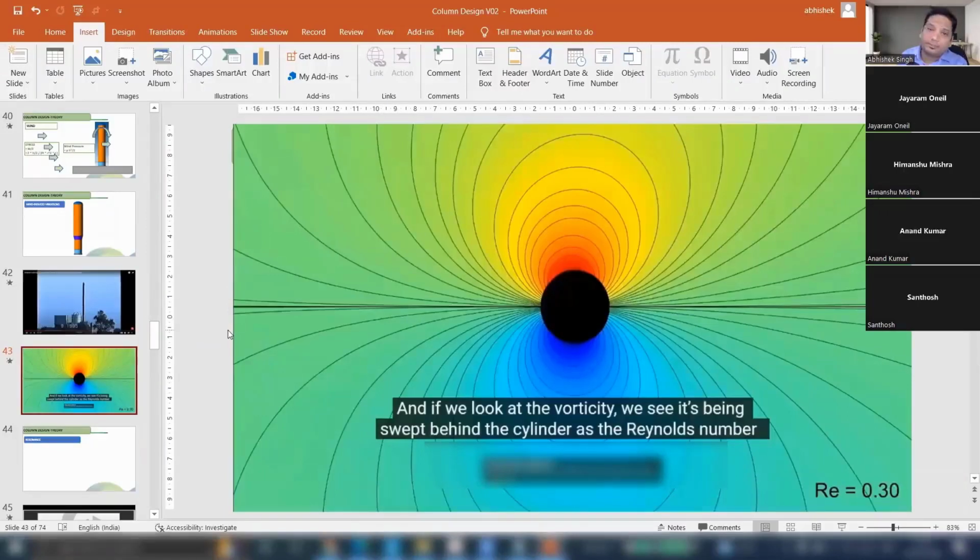Once the velocity moves higher than that, there won't be any eddy current. And if there is gustiness in the wind, you remember gust, right? If the wind is gusty, then also vortex shedding will not happen. At higher wind velocity, there is also gustiness in the wind, and if there is gustiness, wind vibration will not happen.